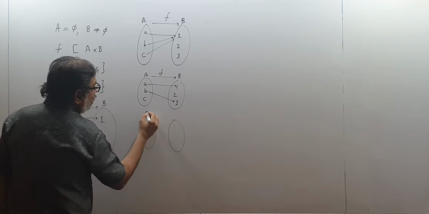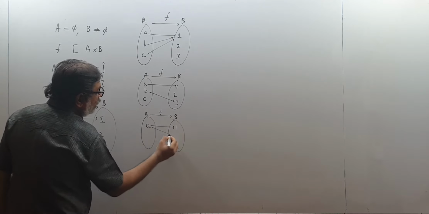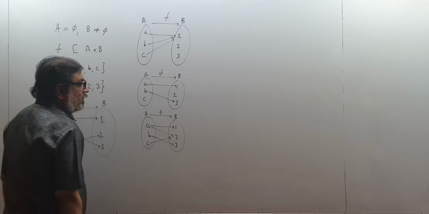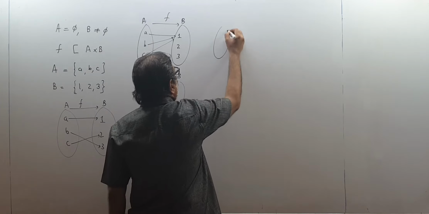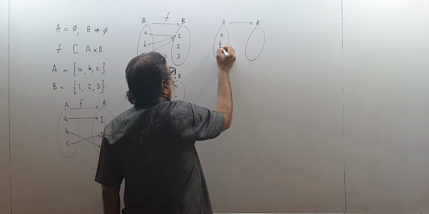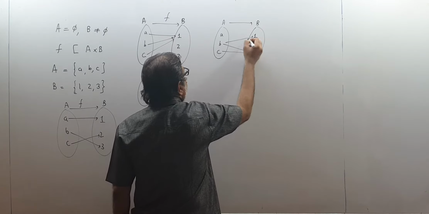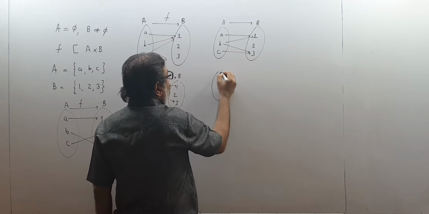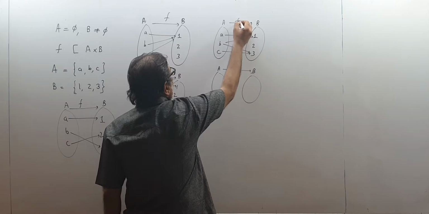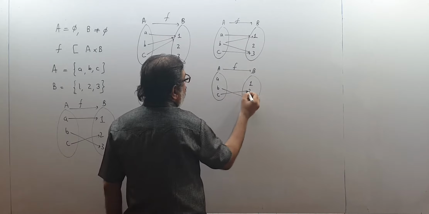Then I have a situation like this, from A to B, F. A corresponds to 1, it corresponds to 2, B corresponds to 3, C corresponds to 2, like this. Then I have got one situation like this, A, B, C, 1, 2, 3. Then maybe like this. This is F, A, B and C, 1, 2 and 3, like this here.